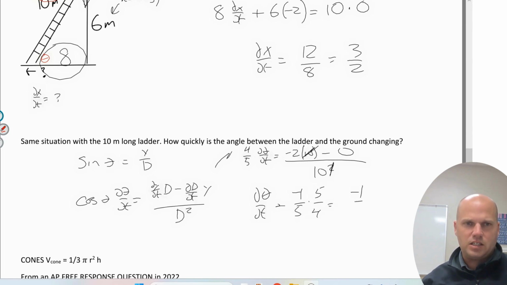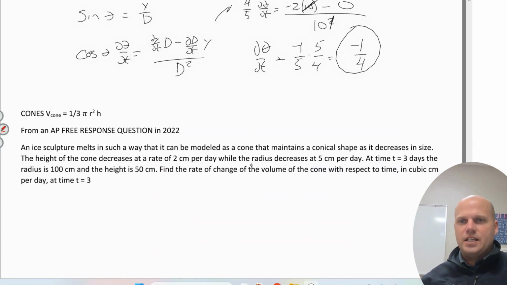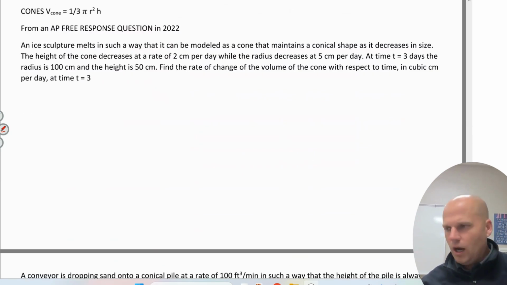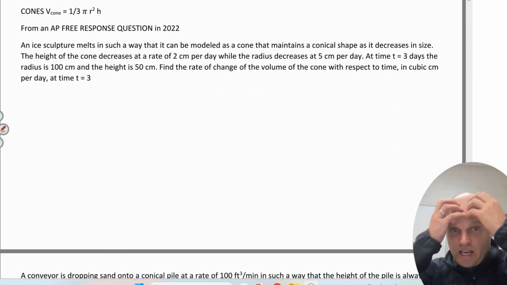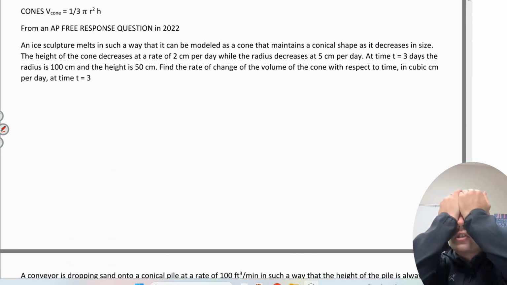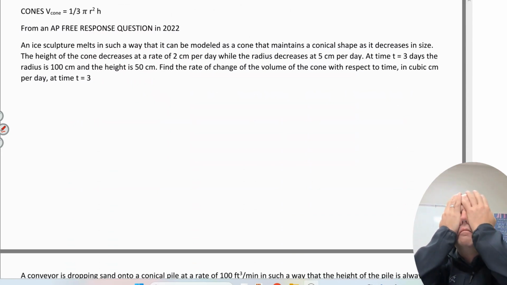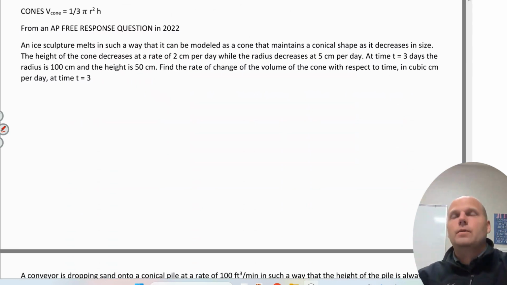And I think this is the exact same question we had in class. So theta is decreasing. The last 3 questions just have you remember, just like we're using the quotient rule, remember the product rule.